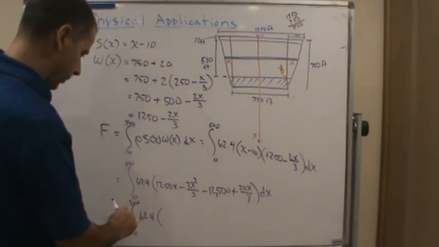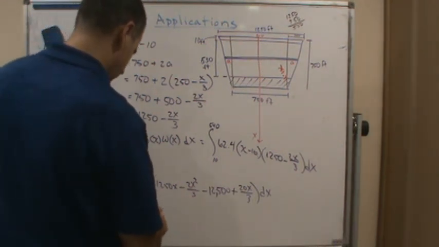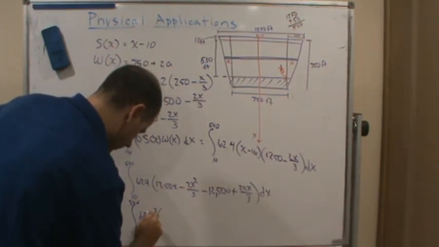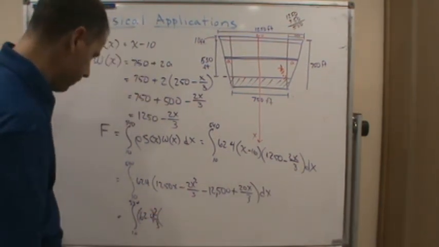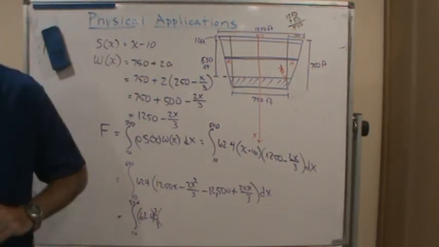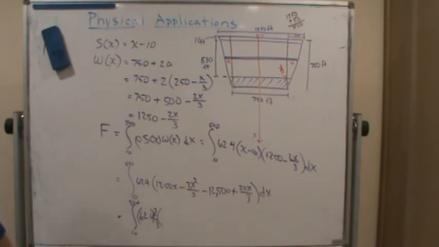Let's pull out a 2/3. So if we pull out a 2/3, then this is going to become what? Let me get my calculator. I don't have my calculator.